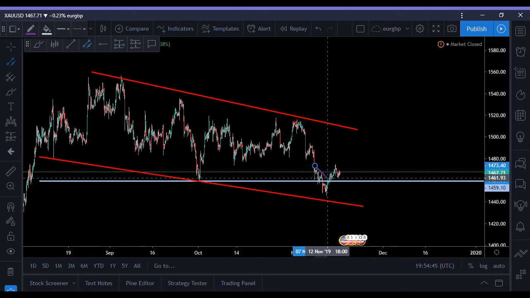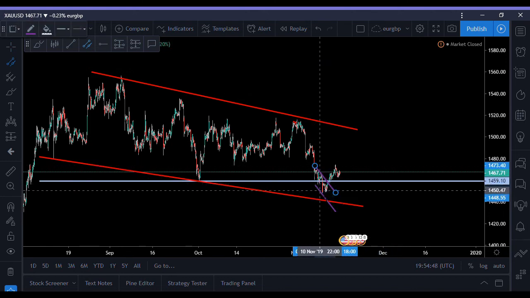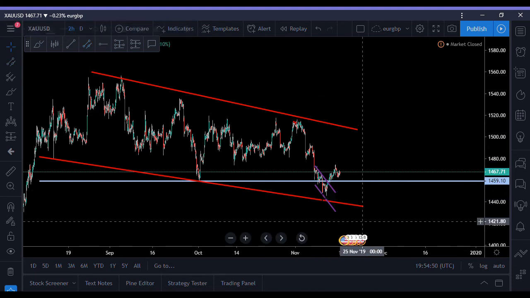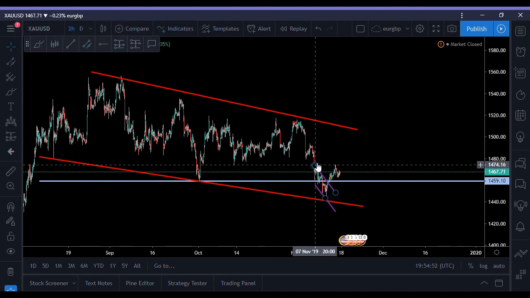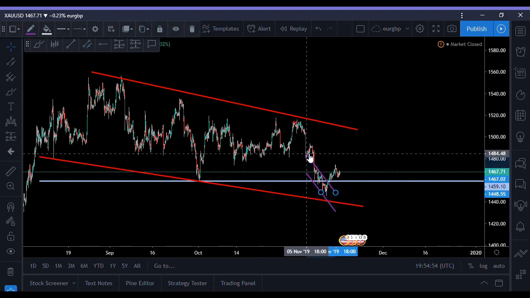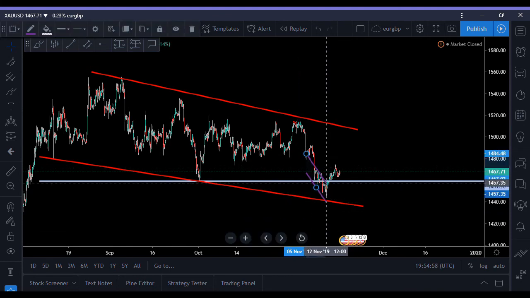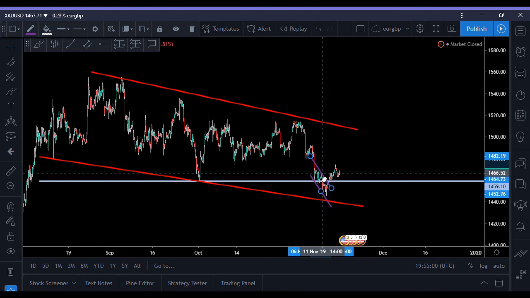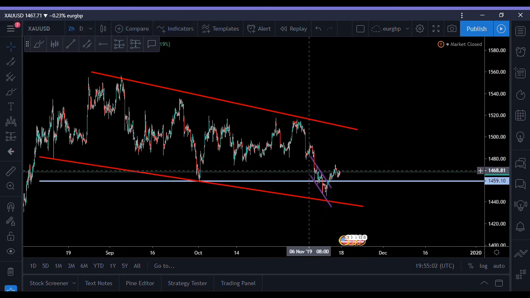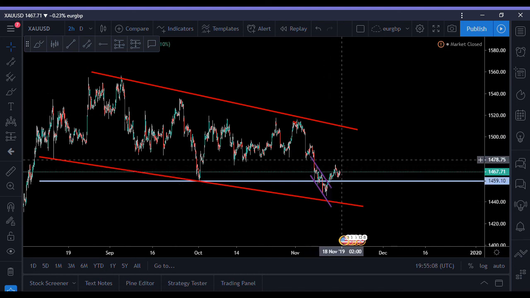If I draw a descending channel like this, as you can see, it was sort of like a descending channel to the downside, something like this. Price ended up breaking above and started floating above this area.